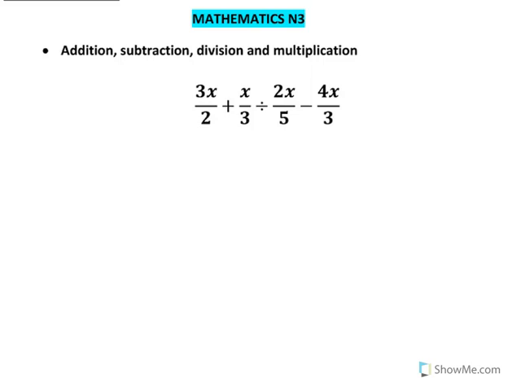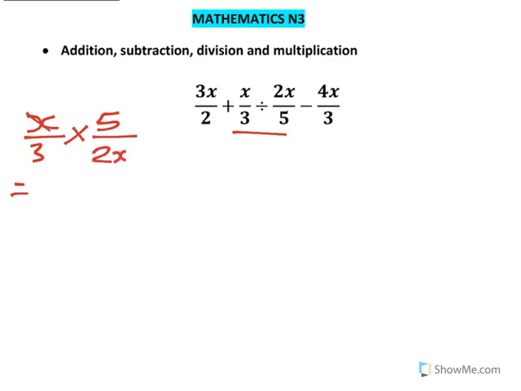Now, looking at fractions, when you're given a similar problem, it's the same approach that you use. When they give such a problem, look at the division first, because division comes before addition and subtraction. So you're going to have x over 3 times 5 over 2x. Remember, I already inverted.